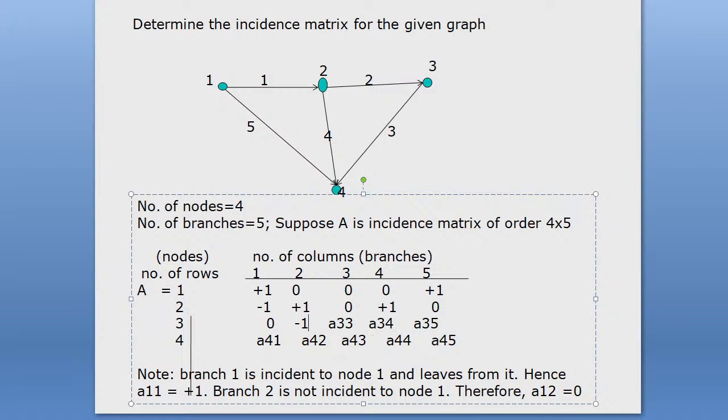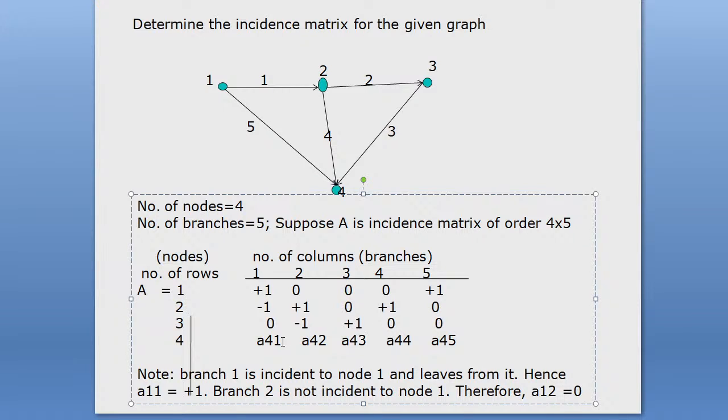And A33: branch 3 is connected and leaves, that means it will be plus 1. And A34: node 3 is not connected to branch 4, 0. And A35: branch 5 is not connected to node 3, that means it will be 0.